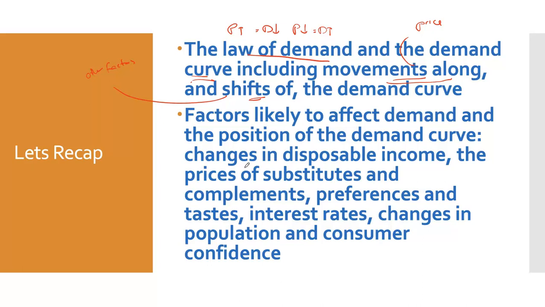And these other factors that are likely to lead to changes in demand curve are things like disposable income, substitutes, complements, preferences, tastes, interest rates, changes in population, changes in demographic, and consumer and business confidence.